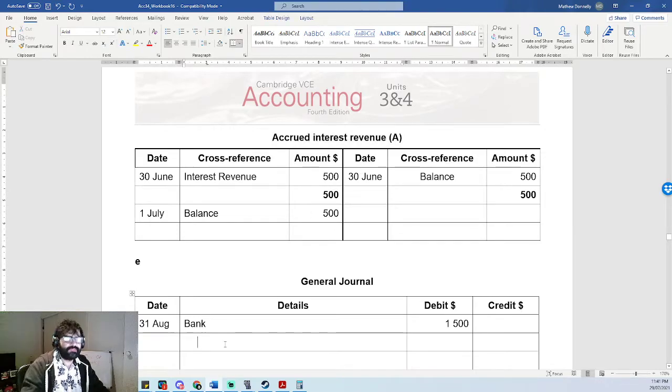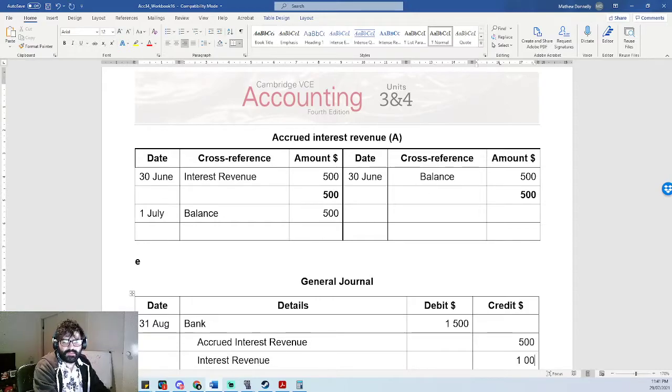So our first credit will be accrued interest revenue, and it will be $500. The rest was earned in those 2 months of July and August, and then it's paid to the business, and that is interest revenue. That is how that works.